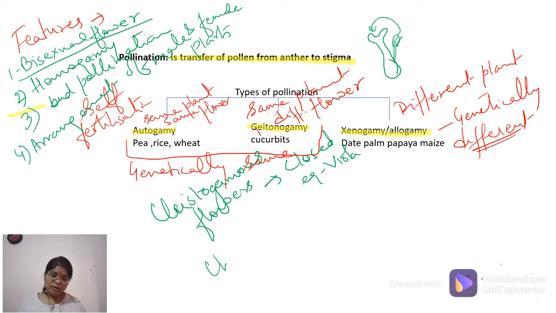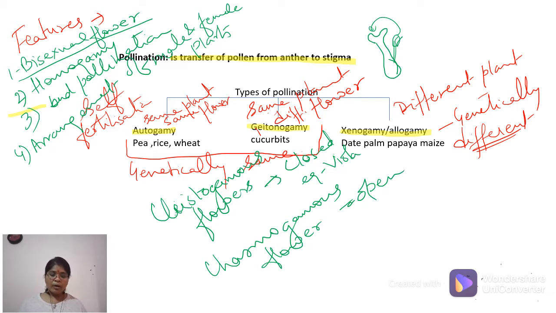And another is chasmogamous flowers. They are open, with well-exposed anthers and stigma. Cleistogamous flowers are mainly found in self-fertilized plants, because they never open. So how will they get pollen from outside? So it's mostly a self-fertilized flower.